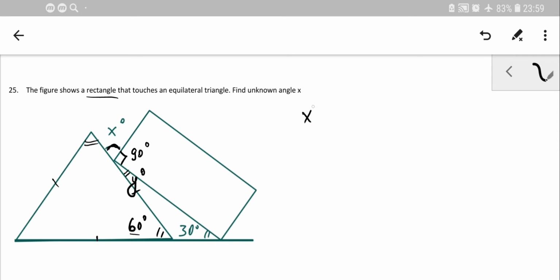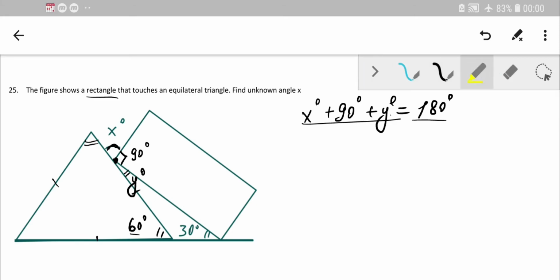We know now that x plus 90 degrees plus y will form a 180 degree angle. This is a line, and all angles centered at this point will add up to 180 degrees. If we find y, we'll be able to find x as well. Let's have a look at this triangle, which I shade with yellow.